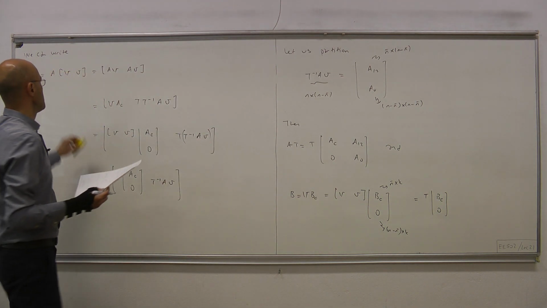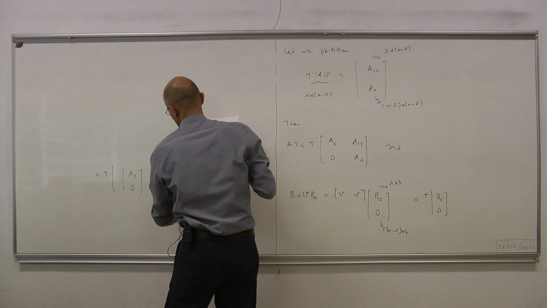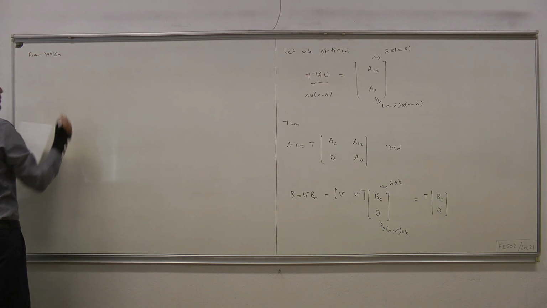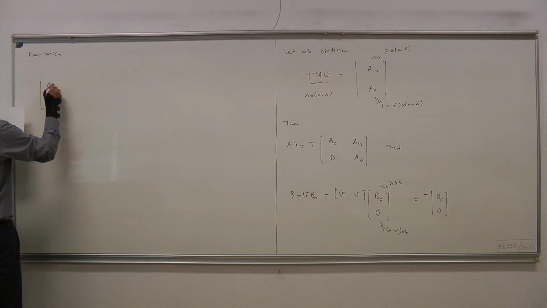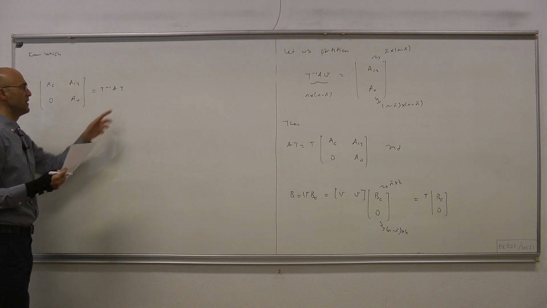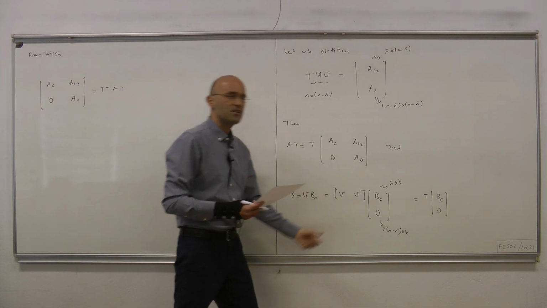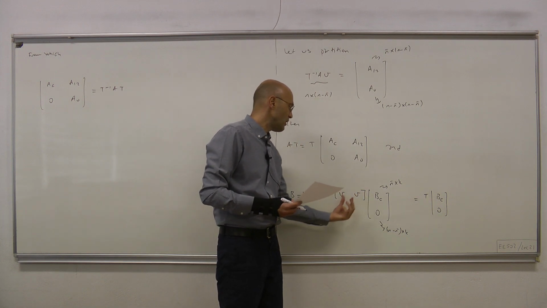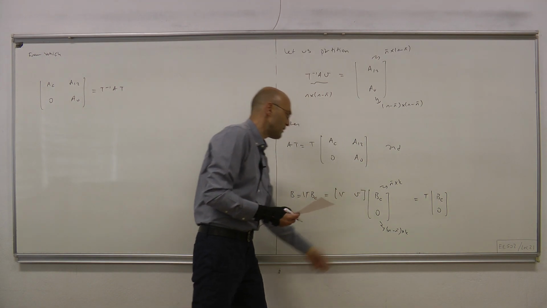Okay, so let's summarize what we have obtained. From these expressions we can eventually write AC, A12, 0, AU is T inverse AT, and T is chosen in a way that it equals V and U. It has two pieces, V and U, and V is such that the columns make a basis for the controllable subspace, and U is just an arbitrary set of columns such that together they make a basis for the entire space, or in other words, together they make this matrix invertible.